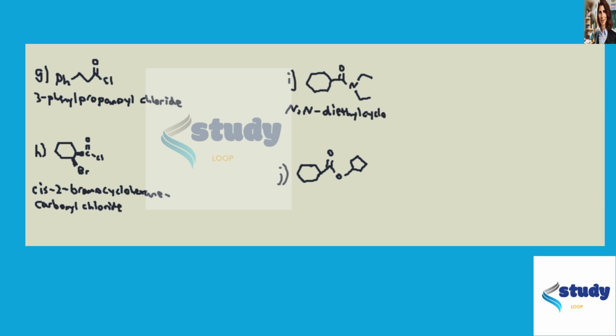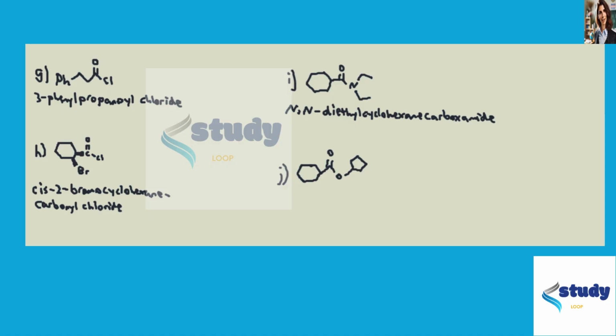Cyclohexanecarboxamide, for the cyclohexane group over here, obviously. And then we do need to include in the name the fact that there is a carbonyl group here. So that's where the carboxamide comes from.